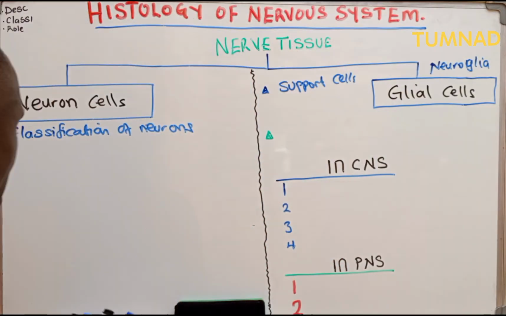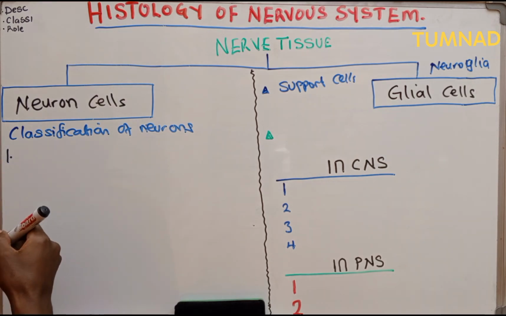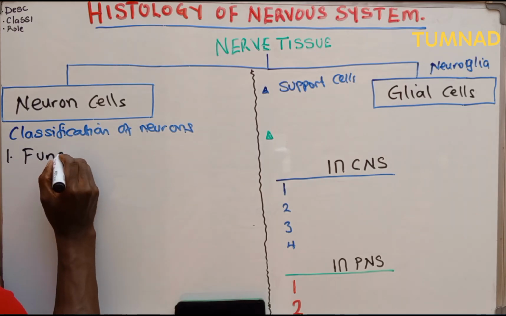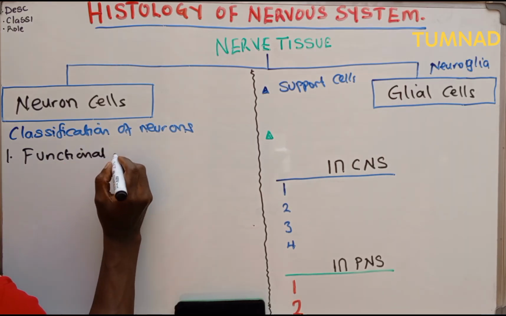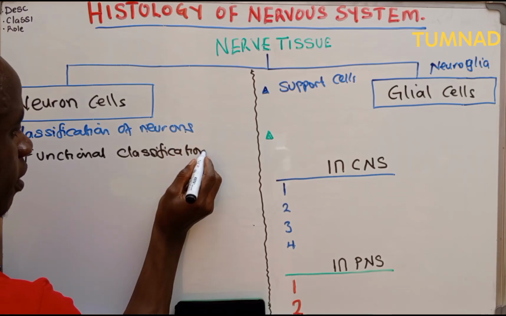Number one, we can classify neurons according to function. You may call it the functional classification.